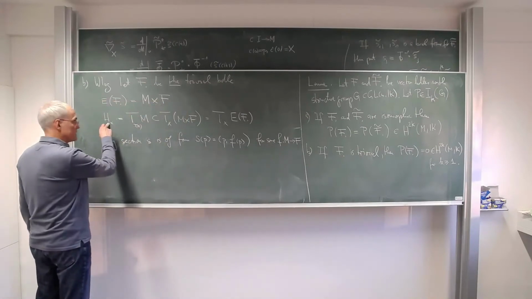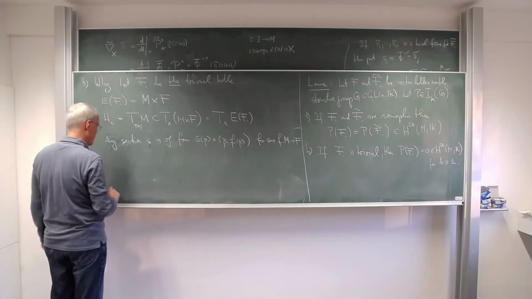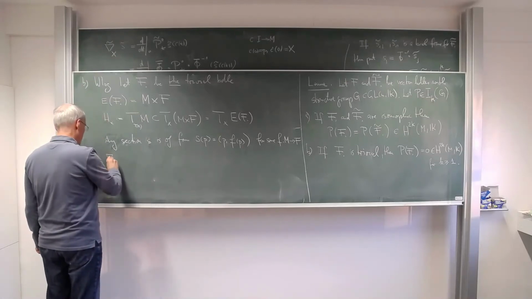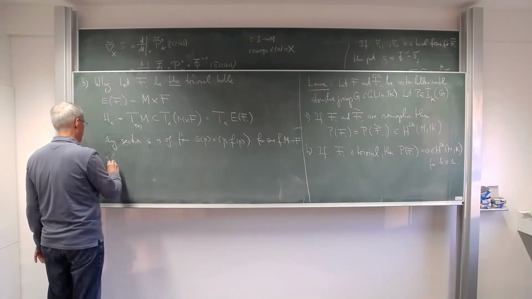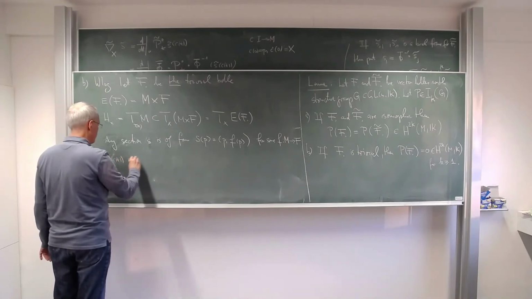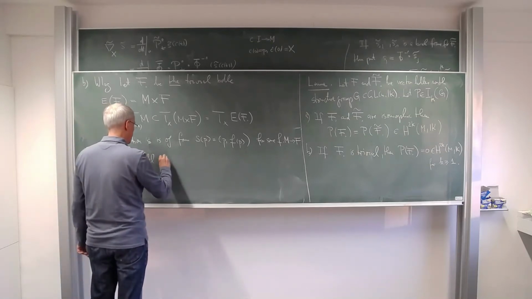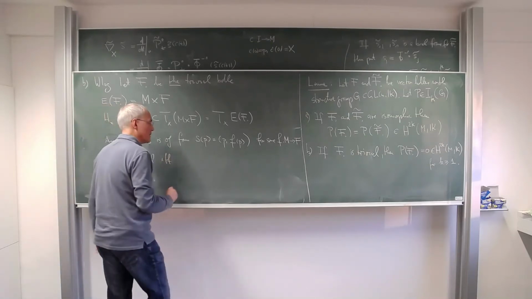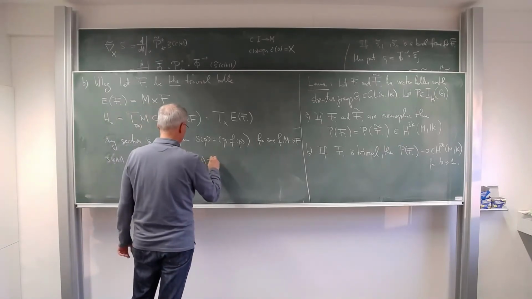Okay, so that's what it means to be parallel for the connection coming from this distribution. Nabla s along c of t is parallel if and only if f of c of t is constant.